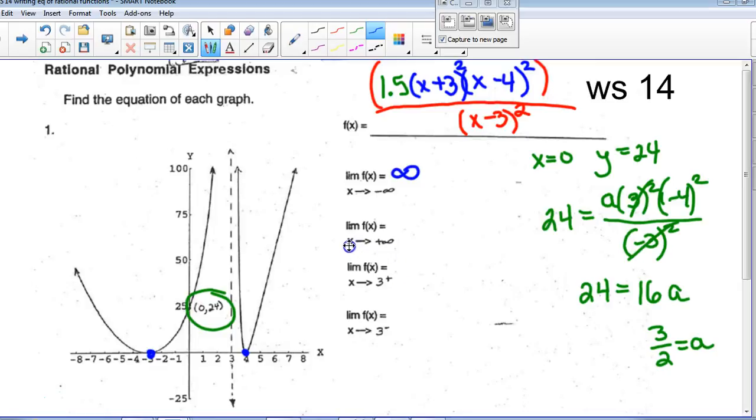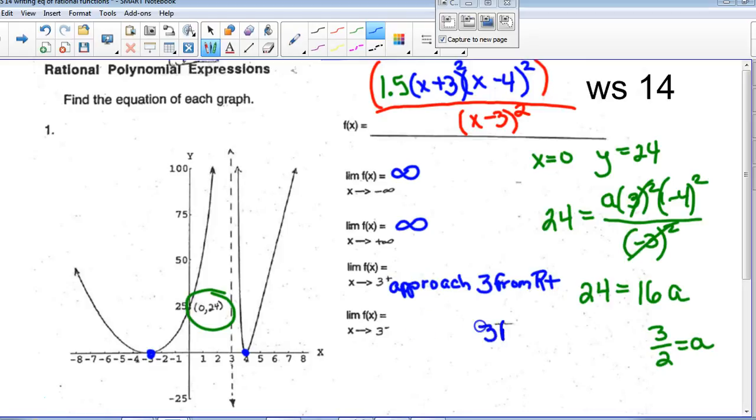The second one says as x approaches positive infinity. So as we go off to the right and get bigger and bigger, y is getting very big in positive infinity. Now, this is new notation. This means as you approach 3 from the right, the positive behind the number means from the right.